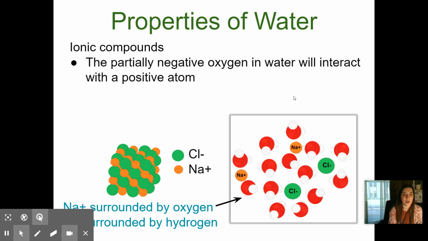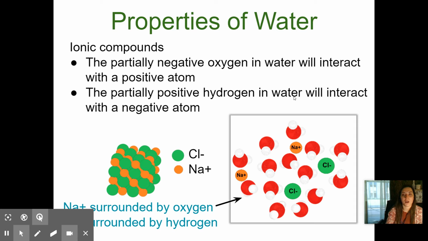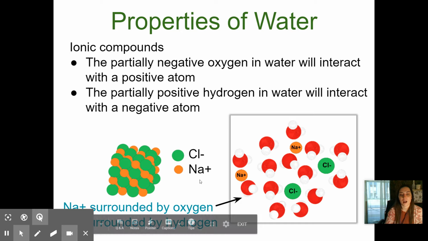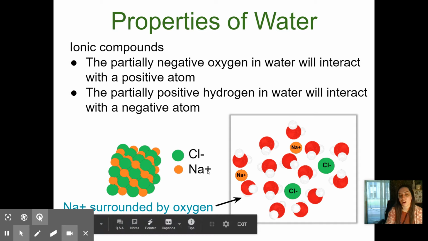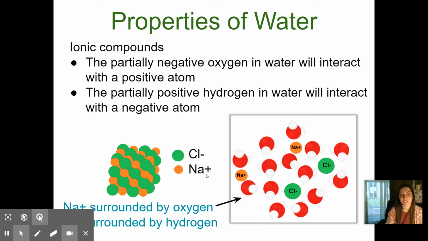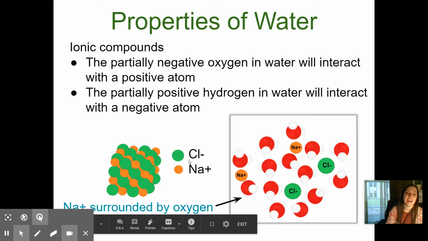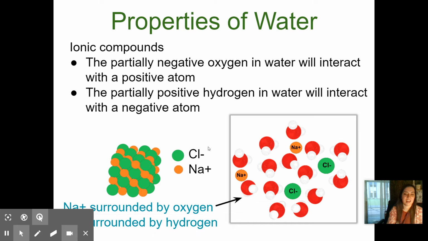With ionic compounds, the partially negative oxygen in water will interact with a positive atom, and the partially positive hydrogen in water will interact with a negative atom. Again, this is the example that I brought up a second ago. Salt is made up of sodium, which is a cation, and chloride, which is an anion.